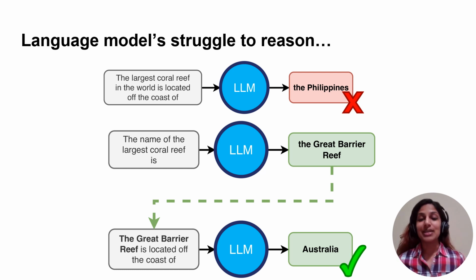This is curious, as it appears GPT-2 small actually contains the intermediate information about what the largest coral reef system is called in its model weights, and is able to answer the question correctly. However, when prompted with the larger, more complex reasoning question up front, it fails.